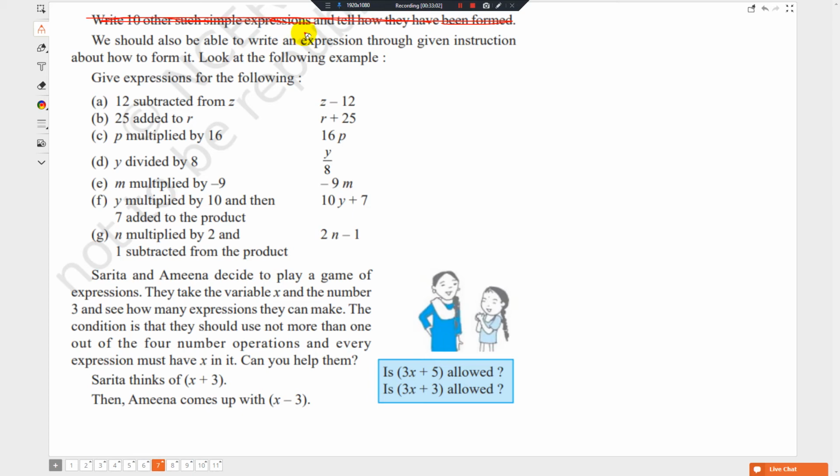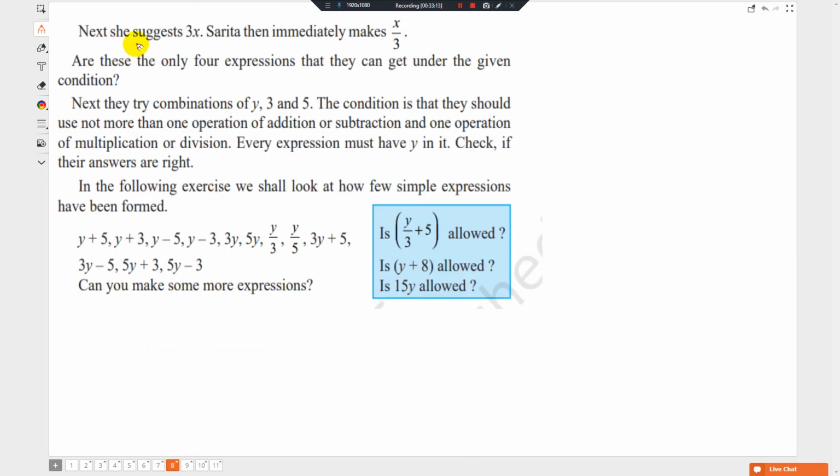Can you help them? Sarita thinks of x plus 3. Then Amina comes up with x minus 3. Next she suggests 3x. Sarita then immediately makes x by 3. Are these the only 4 expressions that can be made under the given condition?